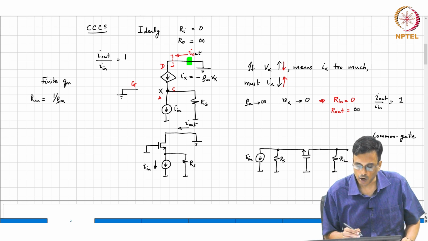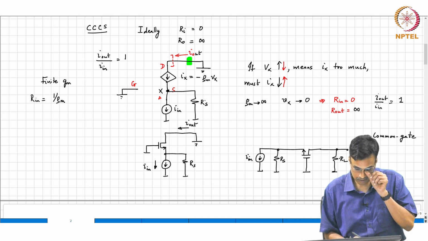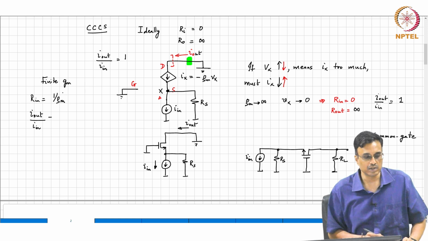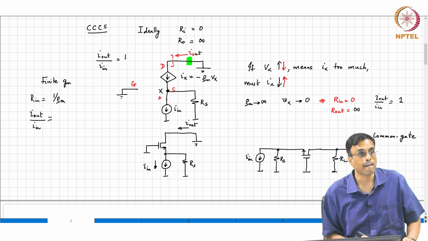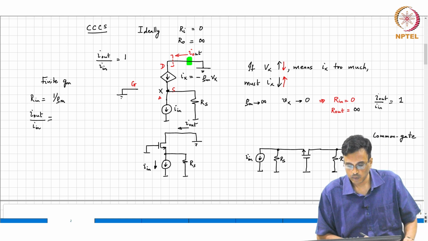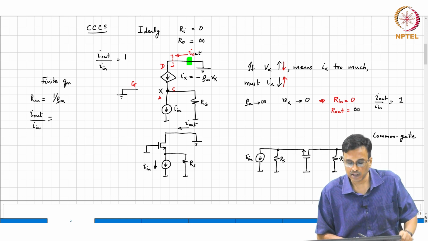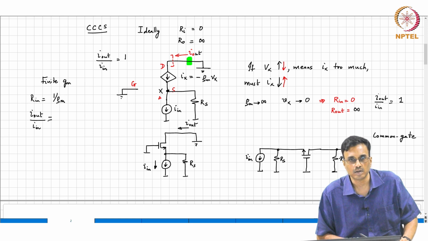Now, let us put in a source, our friend, the source resistance. All right. So, what comment can you make about Iout by Iin? The input resistance of the common gate amplifier is, as we just saw, 1 by gm. So, how much of the current Iin will flow into the transistor now?